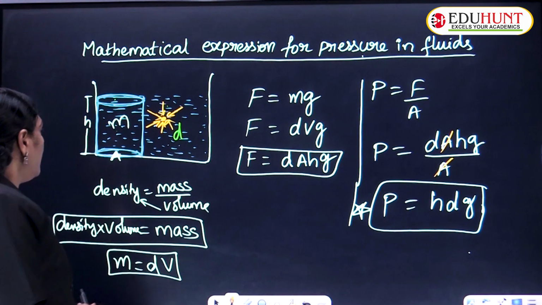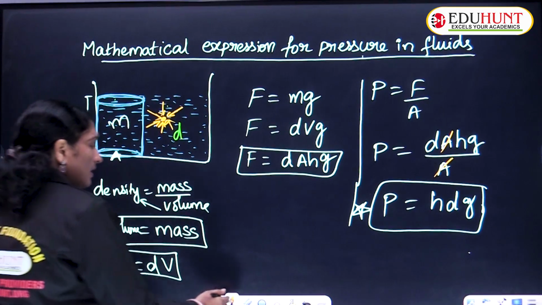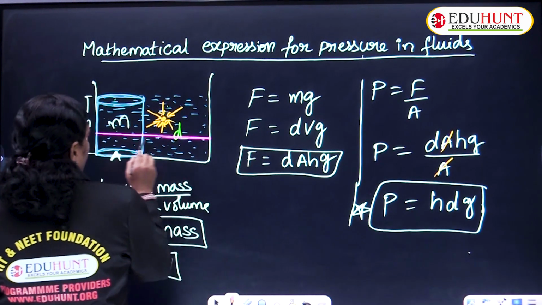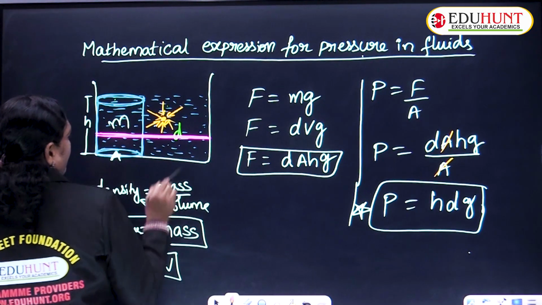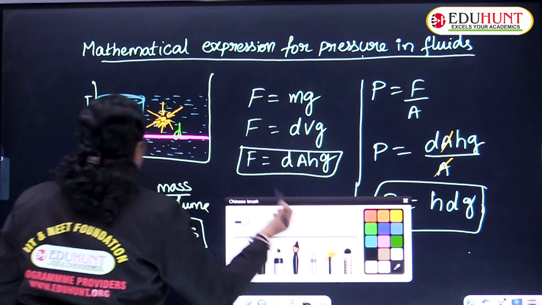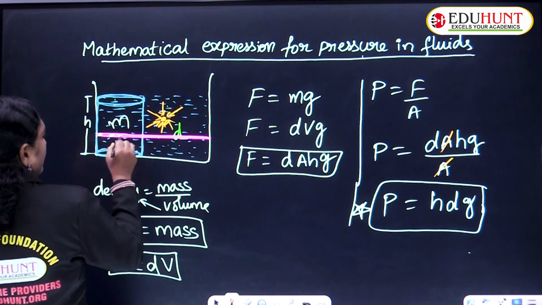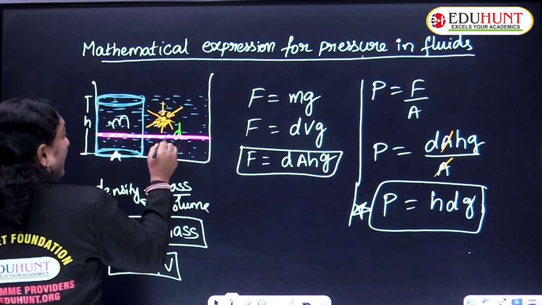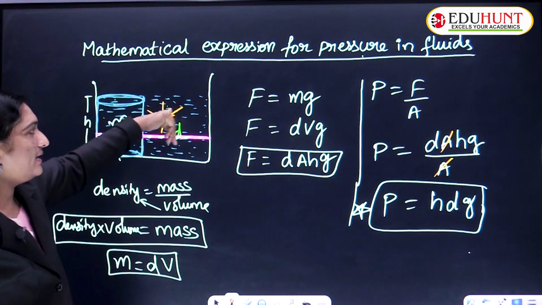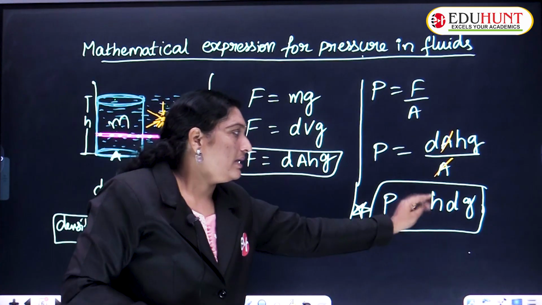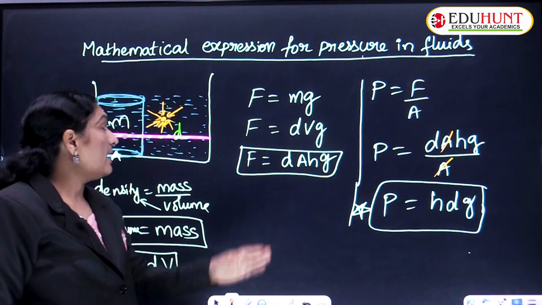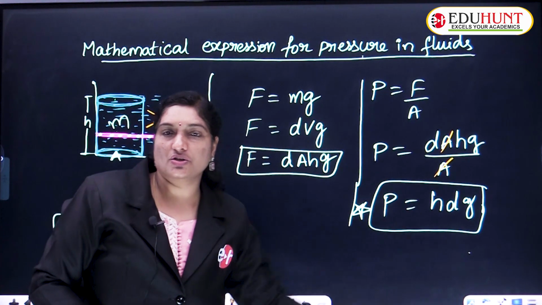One more thing you need to know, children. Suppose you consider some horizontal portion of the liquid. In this horizontal portion, any point you consider, everywhere the depth is the same. H is the same. Everywhere the same liquid is there, so the density of the liquid is the same. At every point the acceleration due to gravity is the same.